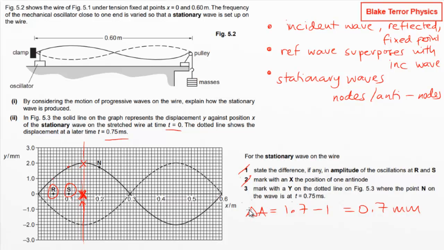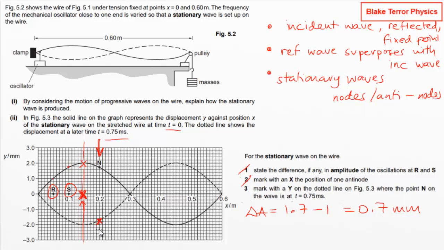Mark with a Y on the dotted line of figure 5.3 where the point N on the wave is at t equals 0.75 milliseconds. Right, well, they told us the dotted line is where the wave is at 0.75 milliseconds. So N is just moving up and down. It's just staying in this vertical plane here. So at 0.75 milliseconds, it is going to be down here at the corresponding point straight down.